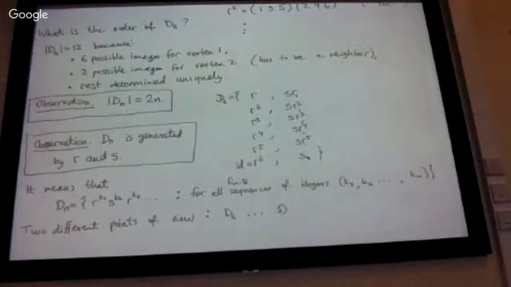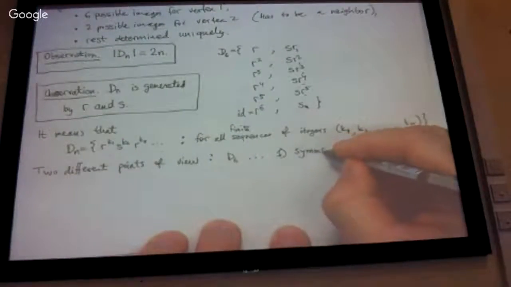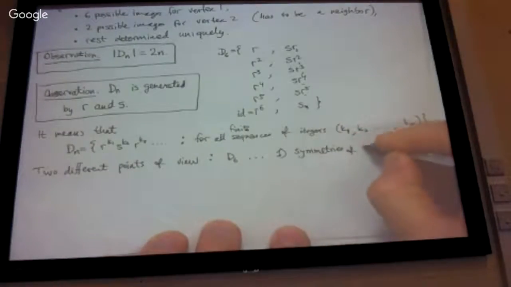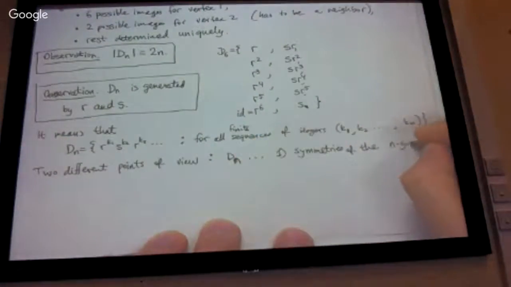It was the symmetries of the n-gon. Of the hexagon. Okay, I'll do the n of the n-gon.